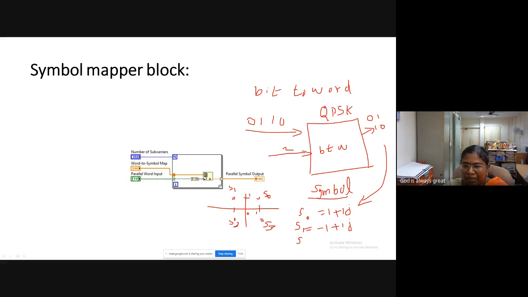Symbol S2 will be this point, minus 1 minus 1j. Symbol S3 will be plus 1 minus 1j.